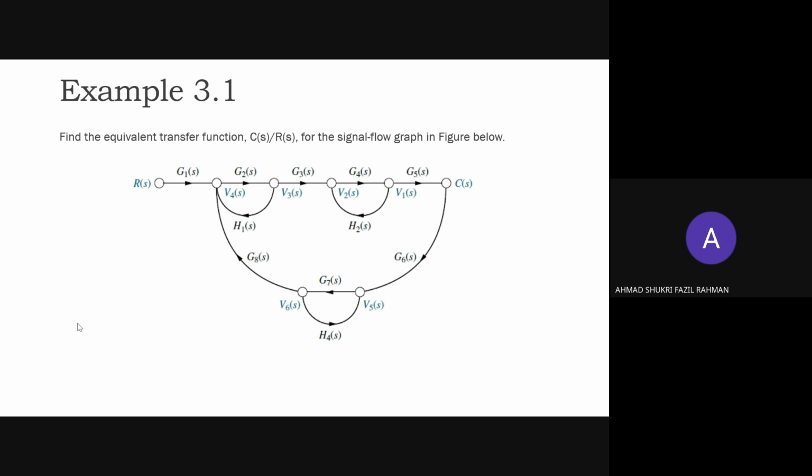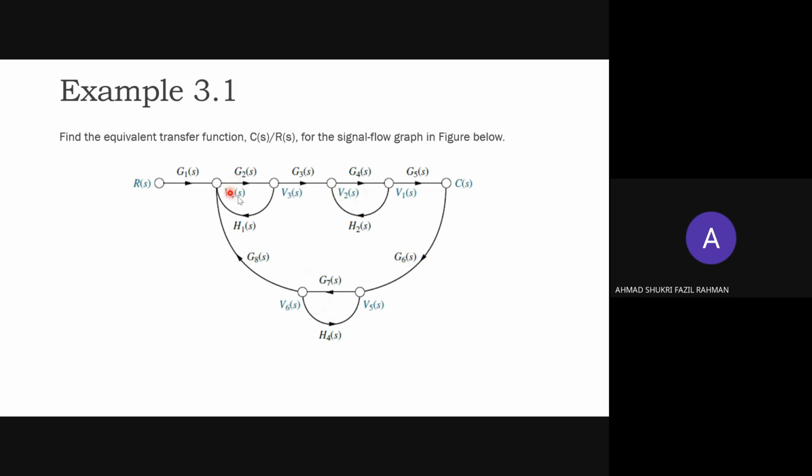From here you can see two non-touching loops exist between this one and also this one. Once we have completed that part, we also need to find three non-touching loops. You can see there is one set of three non-touching loops, between L1, L2, and also L3.